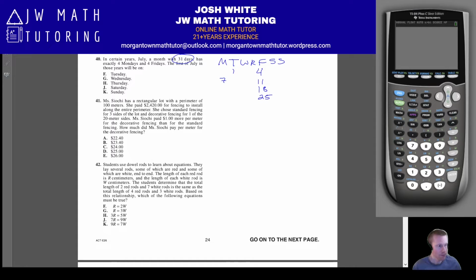So that part basically checks out. Now let's examine Mondays. We could have the first Monday being the 7th, then the 14th, then the 21st, then the 28th, and if you add 7 more days you would get 35, but that's past the 31 days. So the correct answer for this problem is letter F, Tuesday.